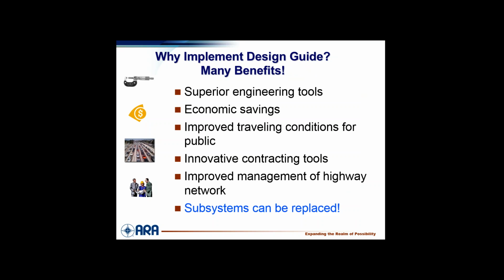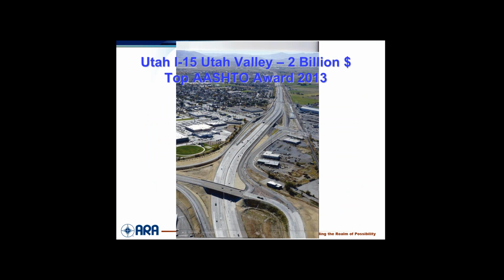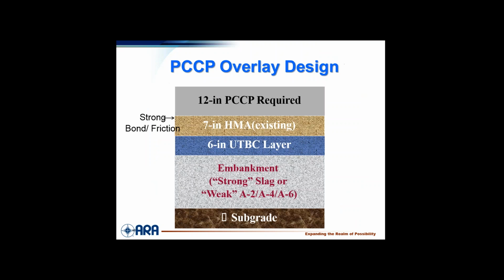I won't go into all of this, just the advantages of having a really good optimization tool, a design procedure. And we think that it'll be completely redone over the years, and that's great. Here's a big project in Utah. This was almost $2 billion. It was an old asphalt pavement built up in many layers, and we designed a bonded overlay over the top of that, and milled that so it was proper elevation, and did a very efficient design.